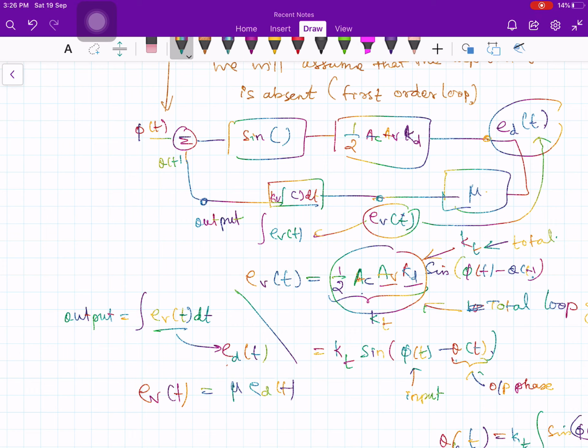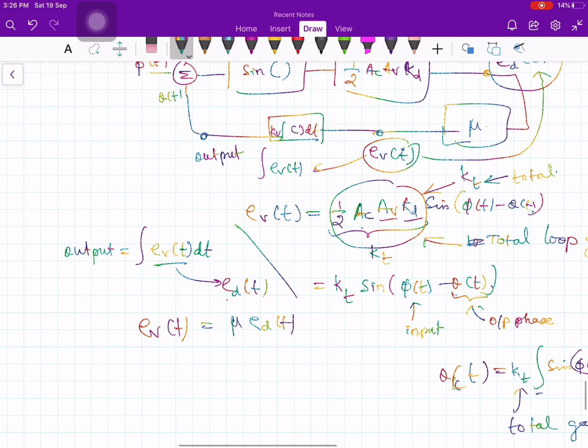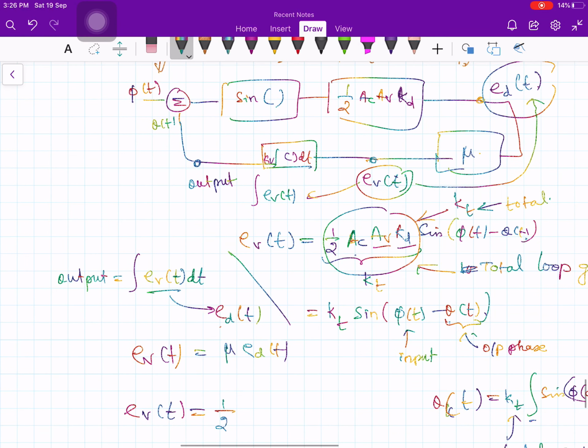So that is why, from the block diagram, you can write EV of t is equal to 1 by 2 AC AV KD mu times sine of phi of t minus theta of t.